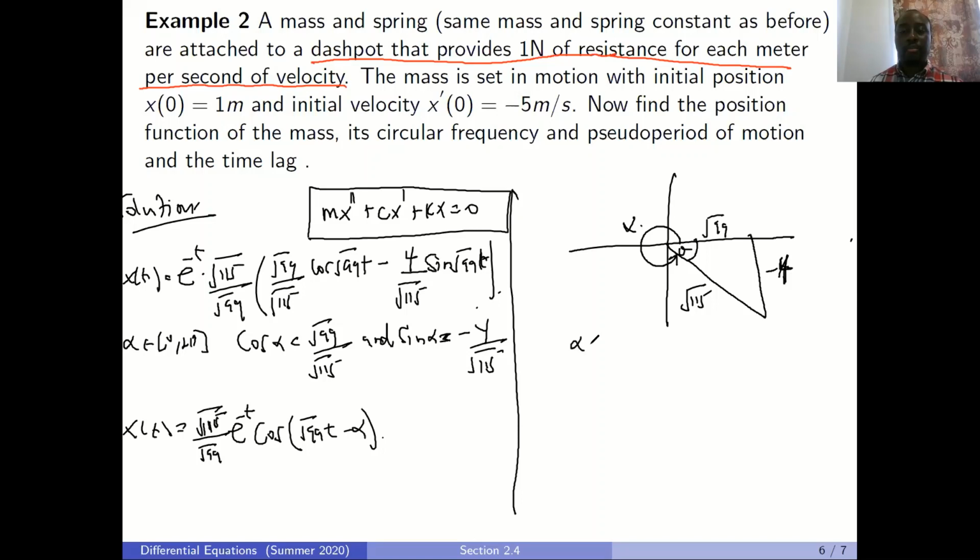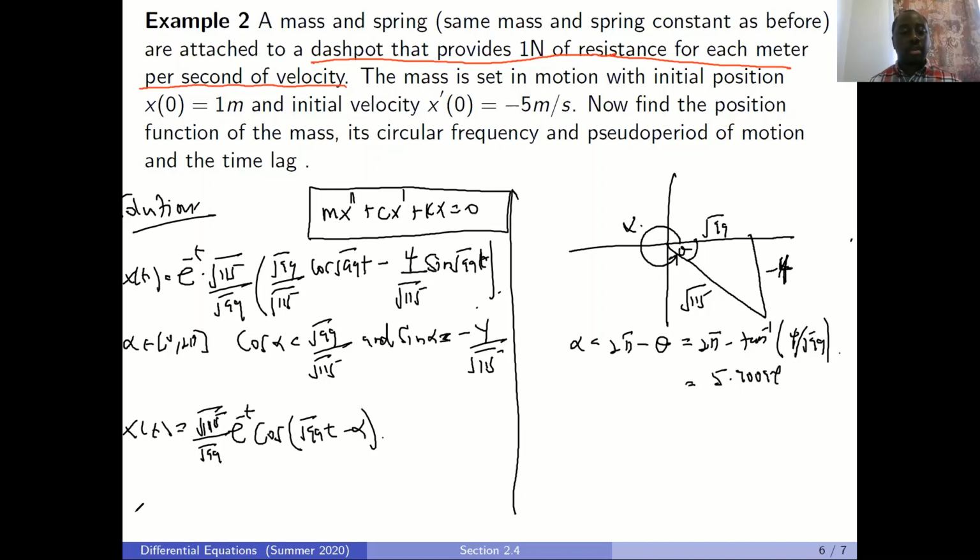So I know that my alpha is 2 pi minus theta, right? Which is 2 pi minus the inverse tangent of 4 over the square root of 99, which is going to give me an angle between 0 and pi over 2. And so that comes down to 5.90094.